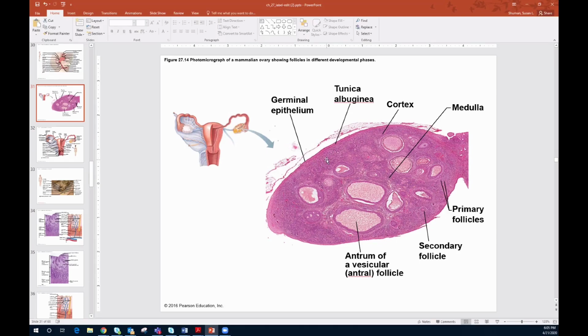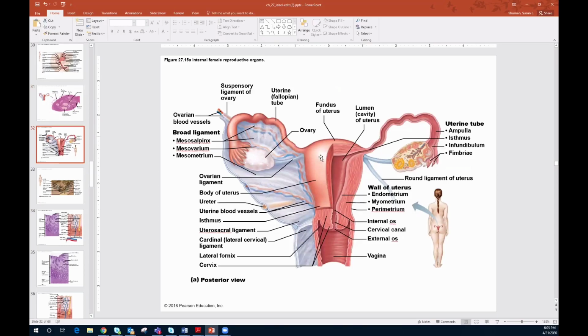Each little oocyte has its very own little packaging system of follicle cells. All righty, the medulla is where those veins and arteries and nerves all come in, just in the center of it. Now, let's go to this one.